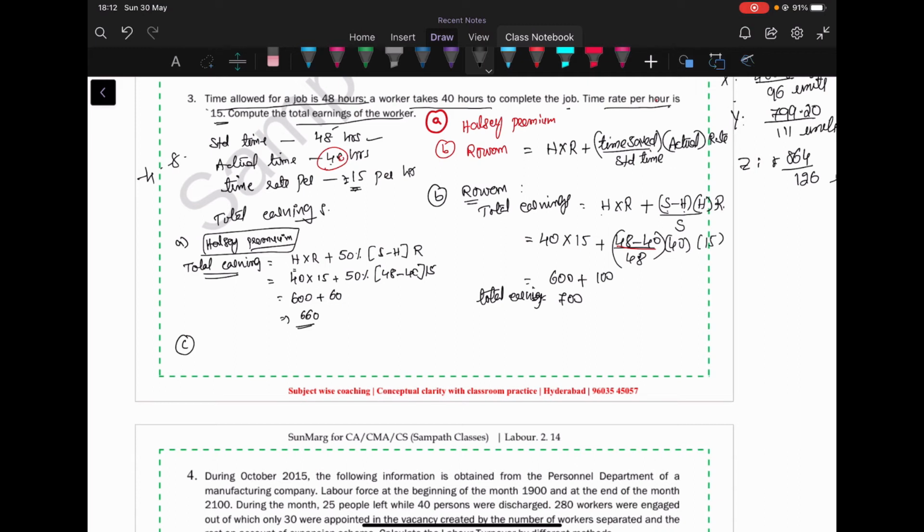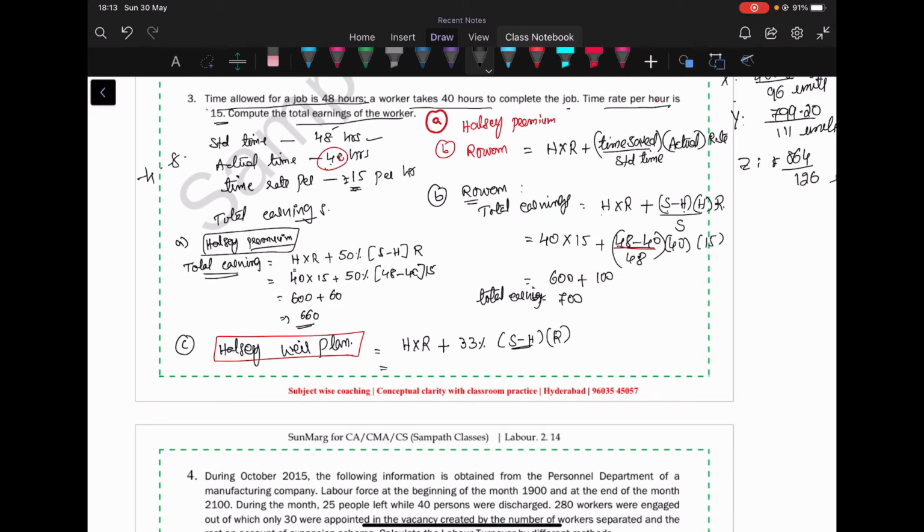This is the next formula, Halsey. This is also Halsey, the weir plan. Under this formula, same thing. Here also actual hours into rate per hour plus 33.33% into standard hours minus actual hours, that is nothing but time saved, into rate per hour.